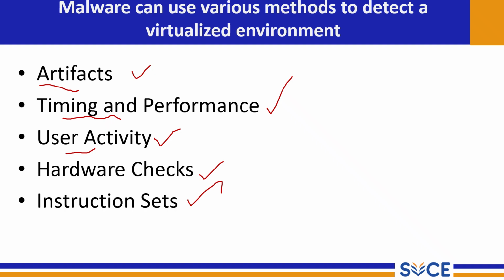Next, hardware checks: inspecting hardware attributes such as the computer model to see if they indicate a cloud or virtualized host. And next, instruction sets: using specific CPU instructions such as SLDT and SGDT, which may behave differently or reveal the presence of a VM.